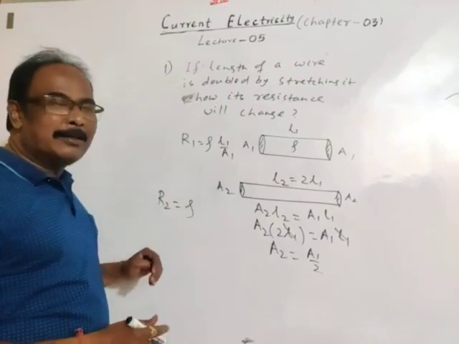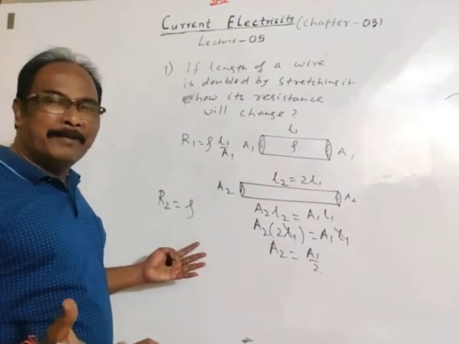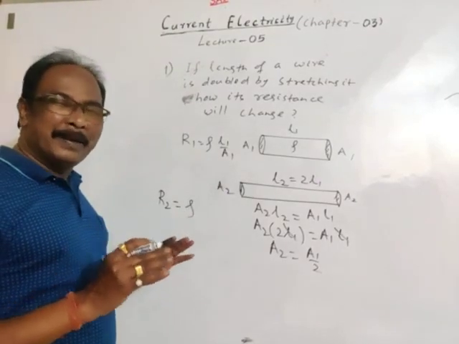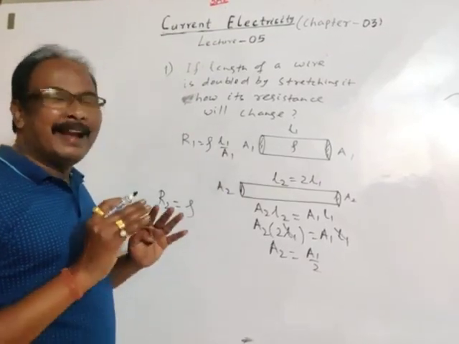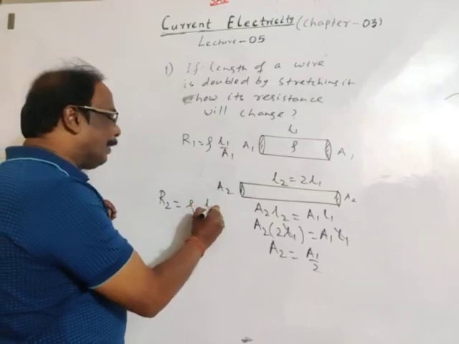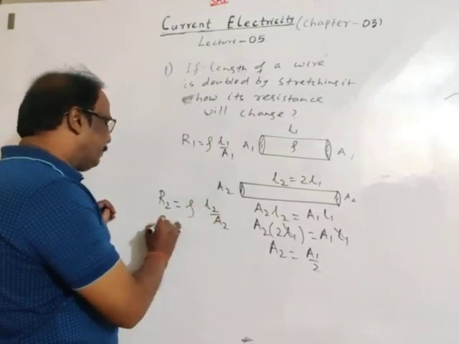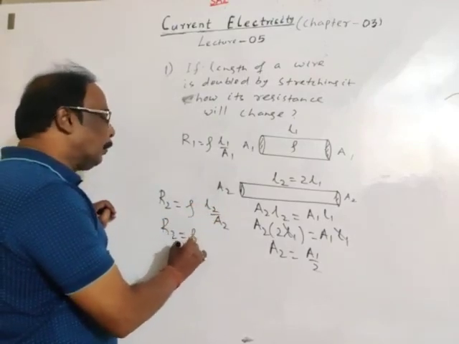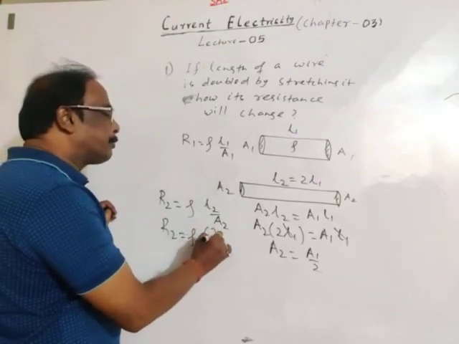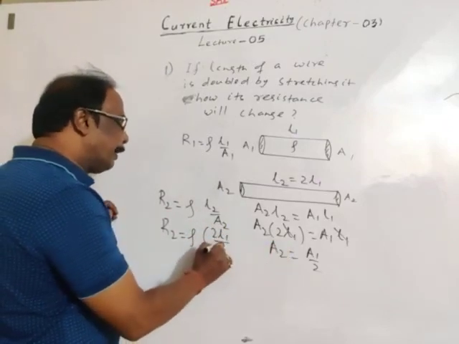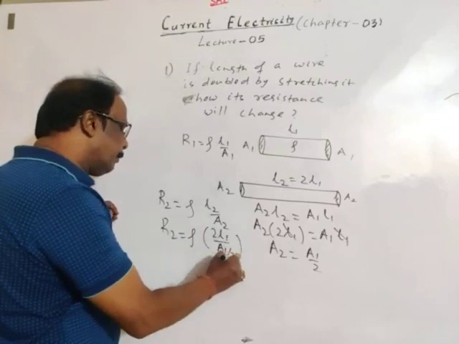Then the final resistance is R2. Resistivity is constant. Resistivity is independent of dimensions; it depends upon nature and temperature. So R2 is rho L2 by A2. In place of L2, we may write 2 L1, and in place of A2, we may write A1 by 2.